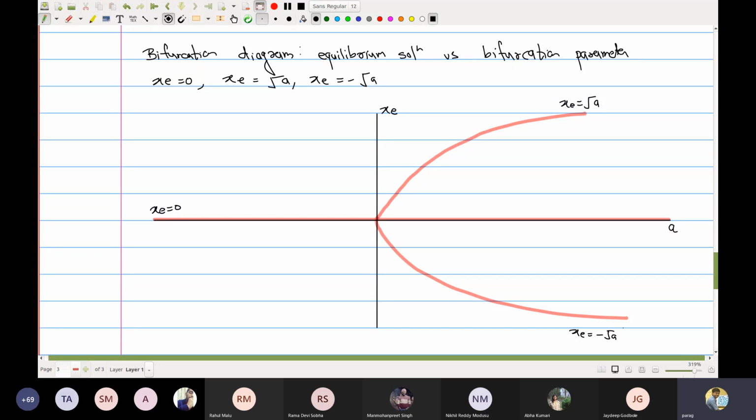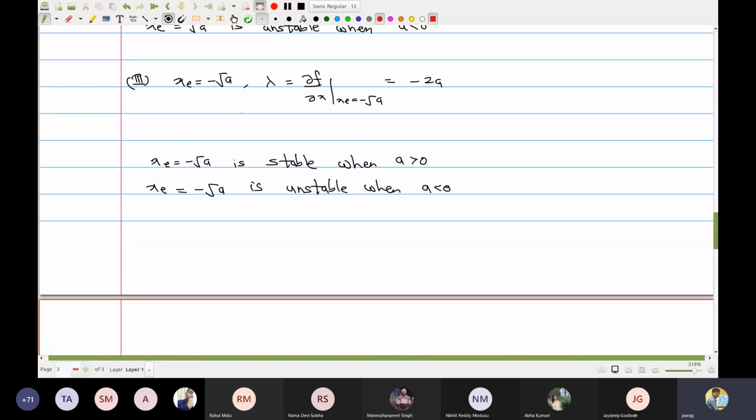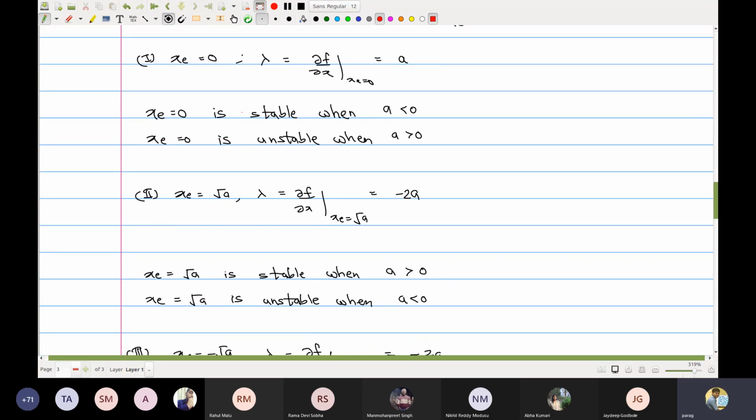except that I do not know the natures of xe equal to 0, xe equal to root a, and xe equal to minus root a. Well, I will draw arrows. So xe equal to 0 was stable when a is less than 0 and unstable when a is greater than 0.